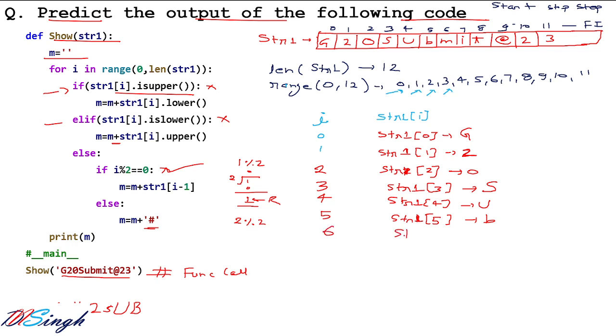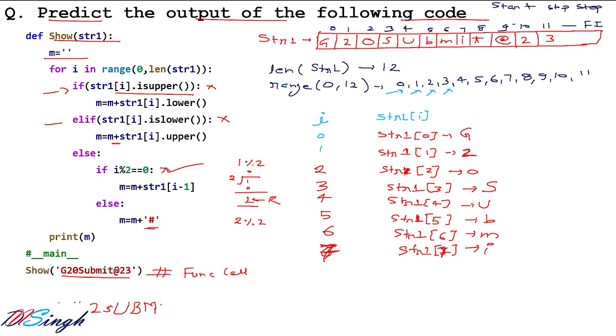Index 6, str1 of 6. What will happen? The value at index 6, what do you have? Small m. That will be converted into uppercase and concatenated. Capital M. Then 7, str1 of 7, what will you have?